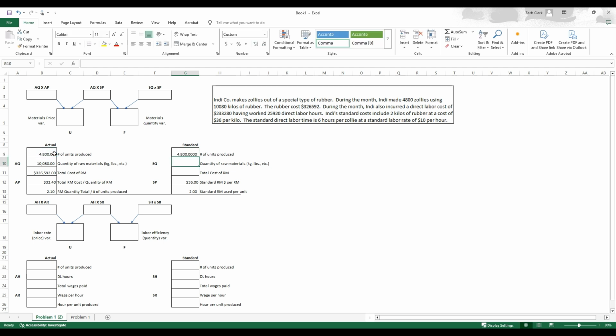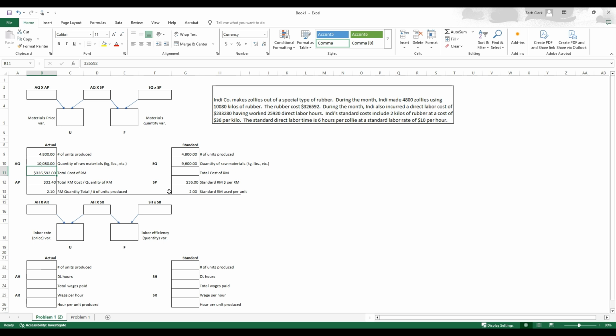All right, let's finish our calculations here. So if we were to pull over the 4,800 units produced, then at our standard quantity of 2, we would have needed 9,600 kilos. Like I said, we had an unfavorable variance there, so we actually used 10,080.